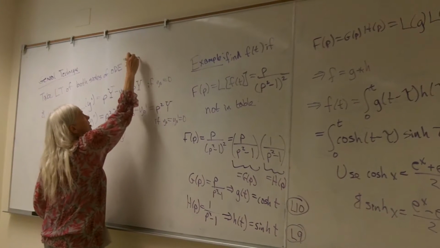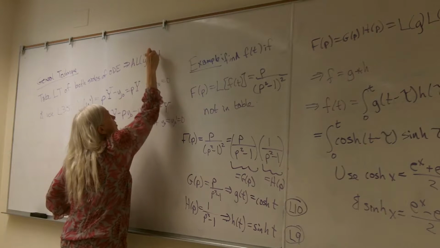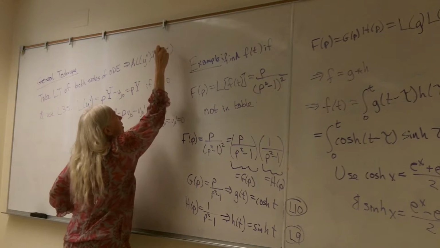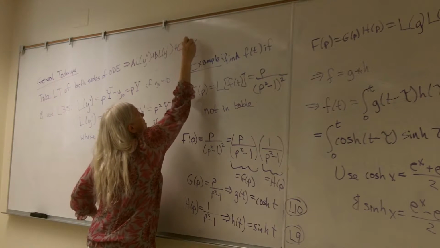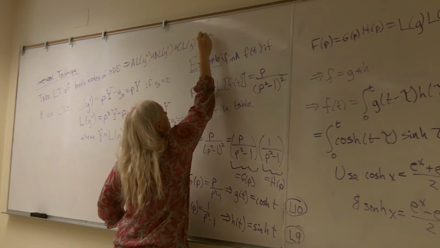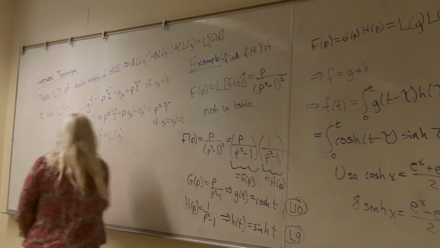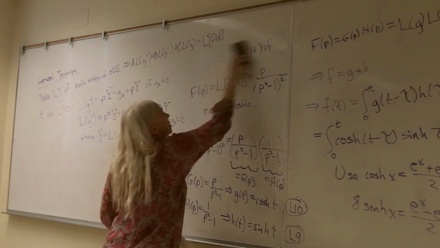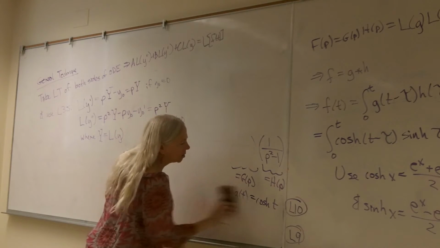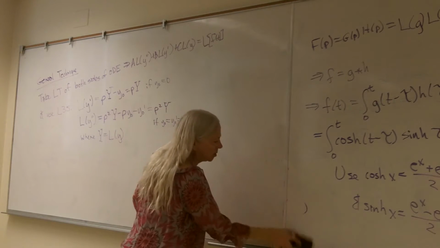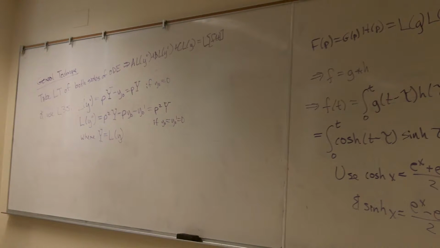So we have A times the Laplace transform of y double prime plus b times the Laplace transform of y prime plus c times the Laplace transform of y equals the Laplace transform of f of t. Okay, so that's what we get when we take the Laplace transform of both sides.